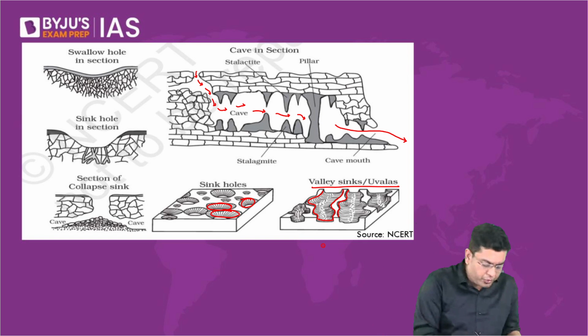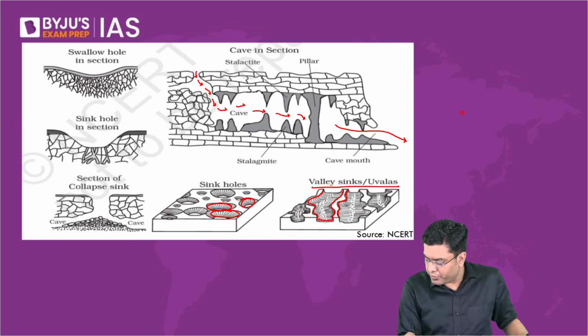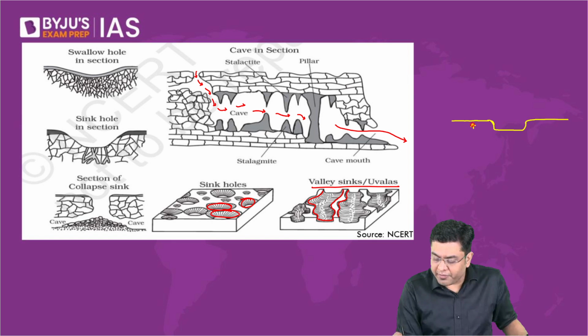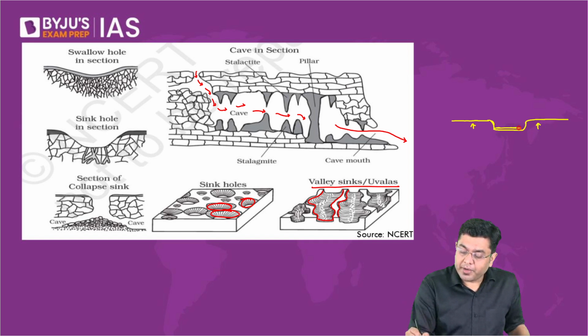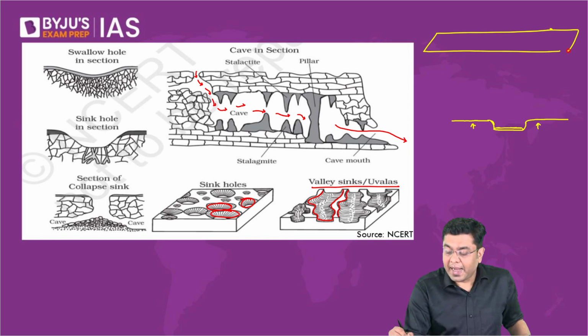So if you have to visualize this, let me help you visualize this. Let's suppose this is the land and this is the riverbed. Now, while every region will experience an upliftment, here also there will be an upliftment. But as I told you, the river is flowing. Let's suppose the river is flowing like this, and the upliftment is experienced only in this portion.